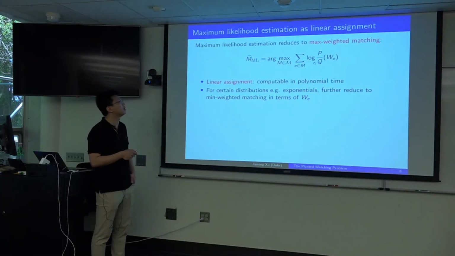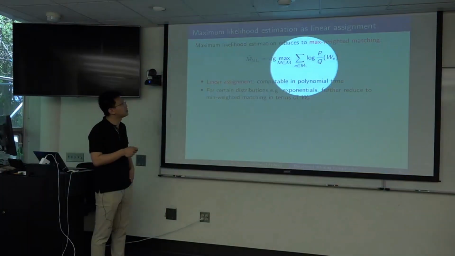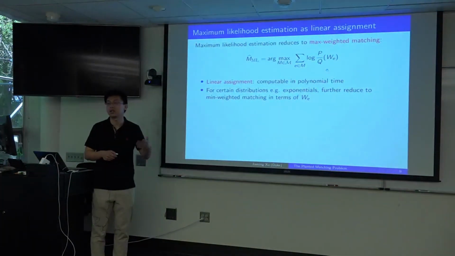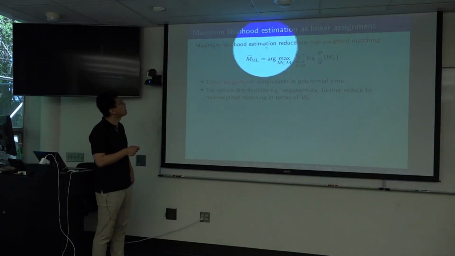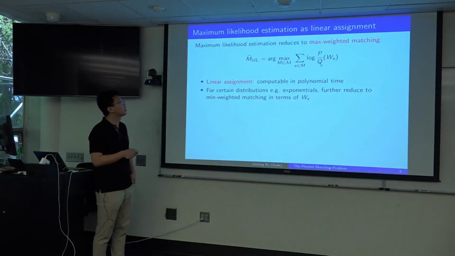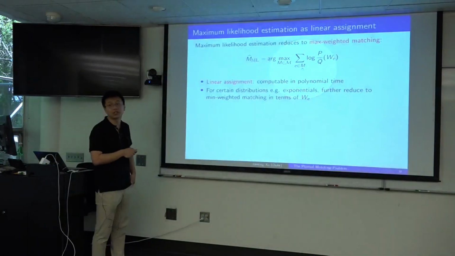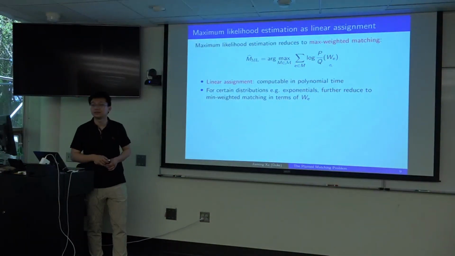If you look at the likelihood ratio function, you're going to see a bunch of P for edges on the matching and Q for edges not on the matching. If you do a little bit of algebra, you will see that to maximize the likelihood, you basically want to maximize this log likelihood ratio by searching over all the possible matchings. This is actually a maximum weighted matching problem.